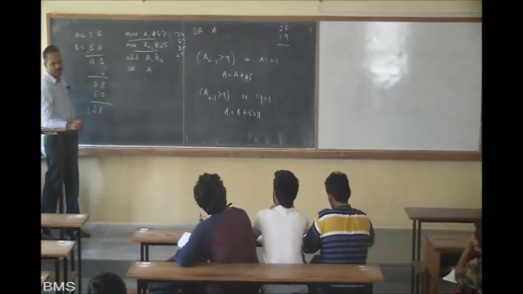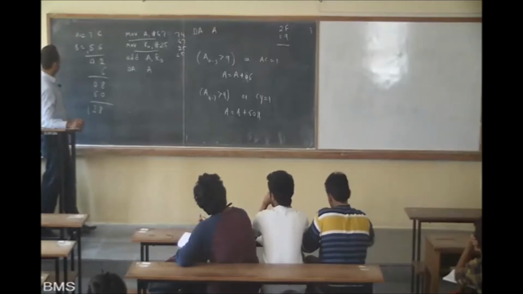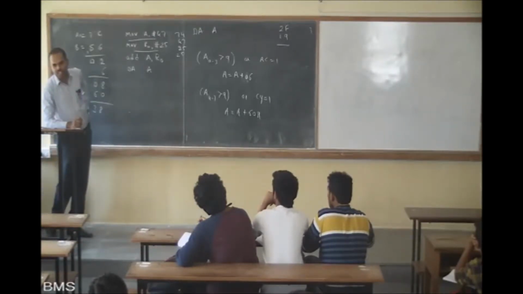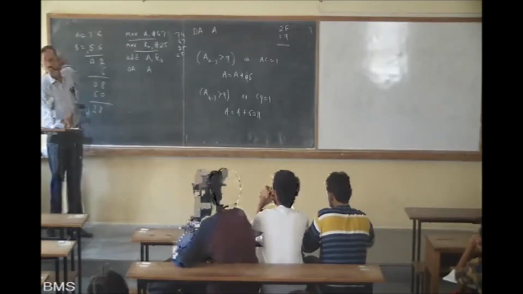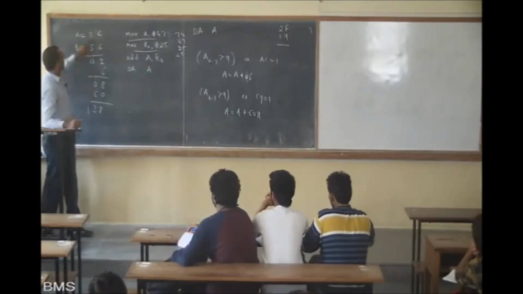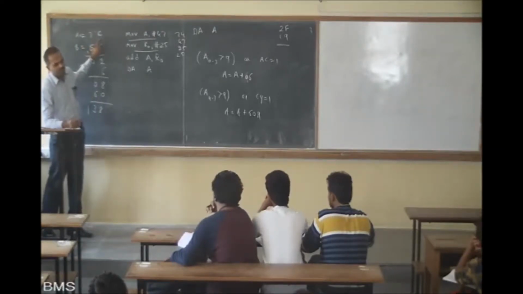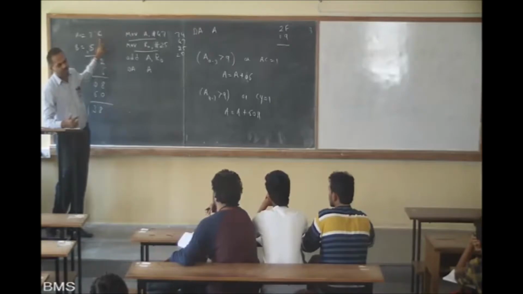Let us finish this and go. 120? 124? Yes, sorry. Correct. The point here is, when the answer is 7C, you have to convert that itself to decimal.